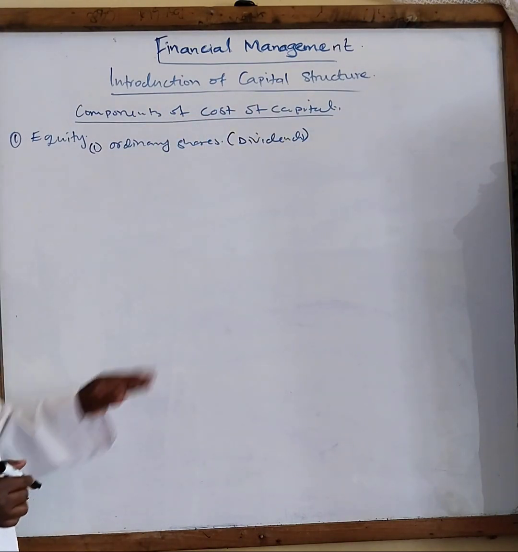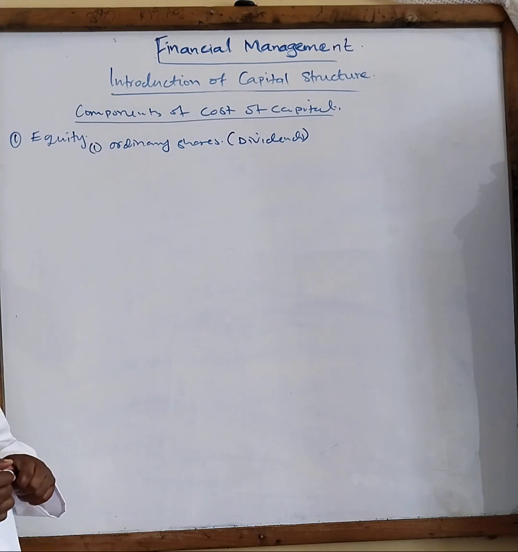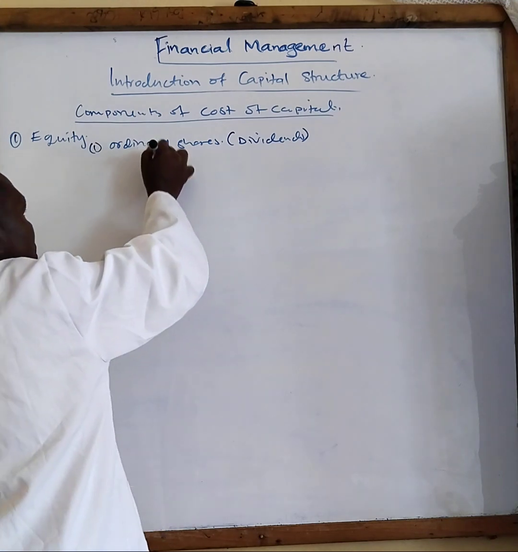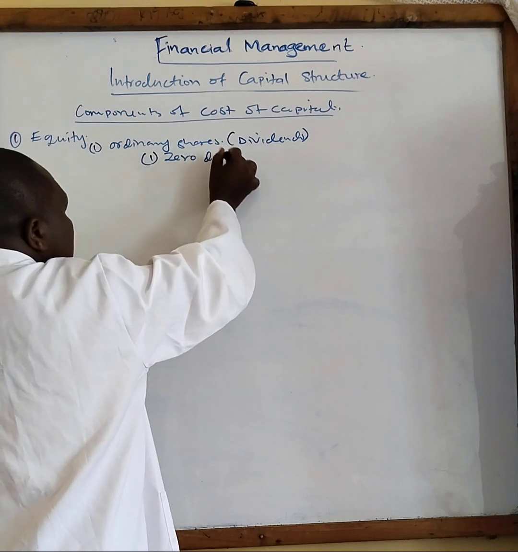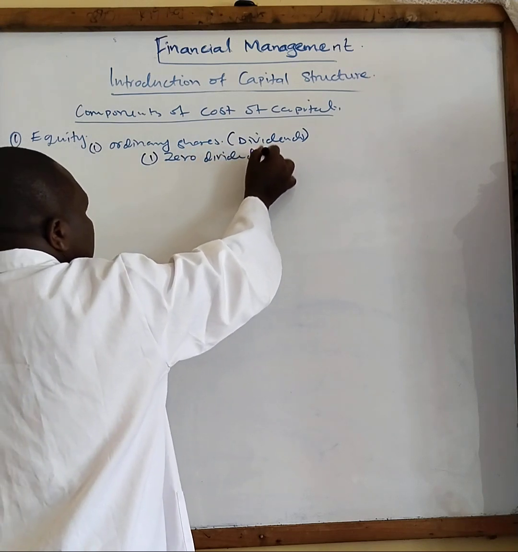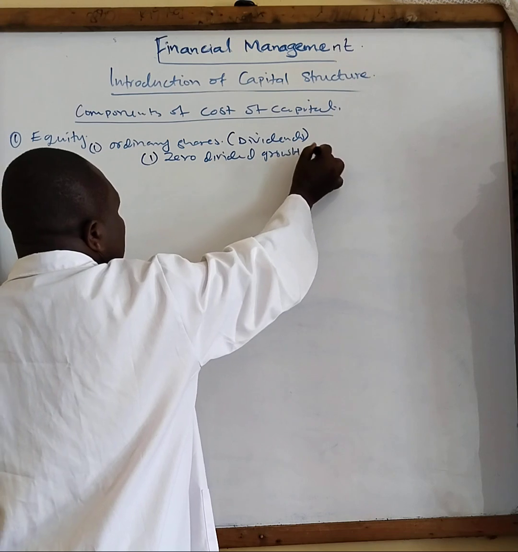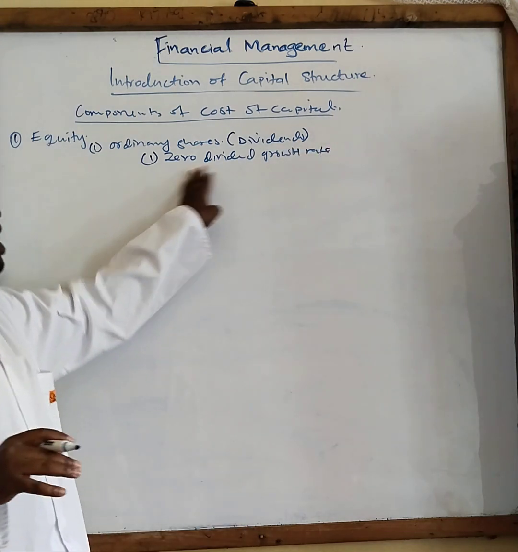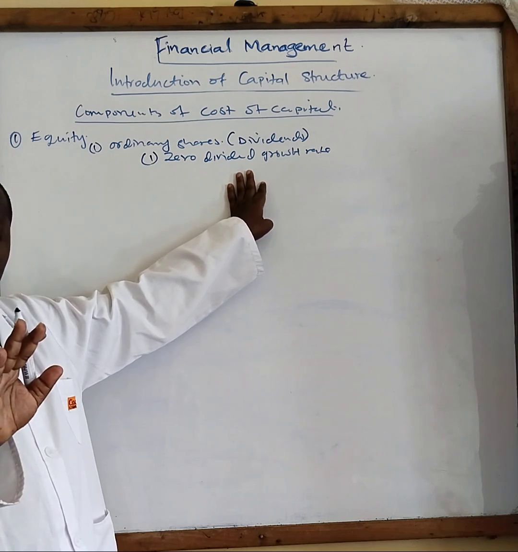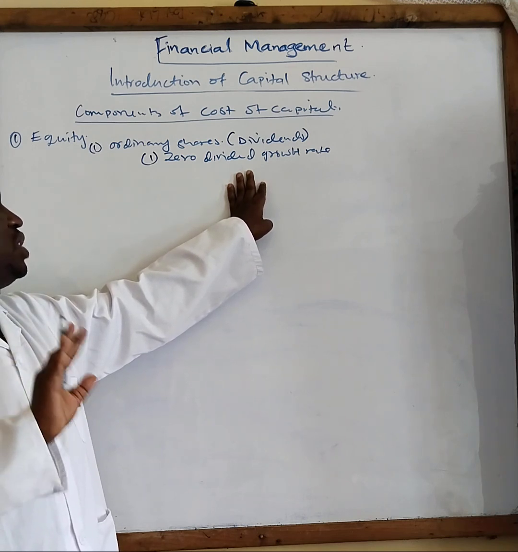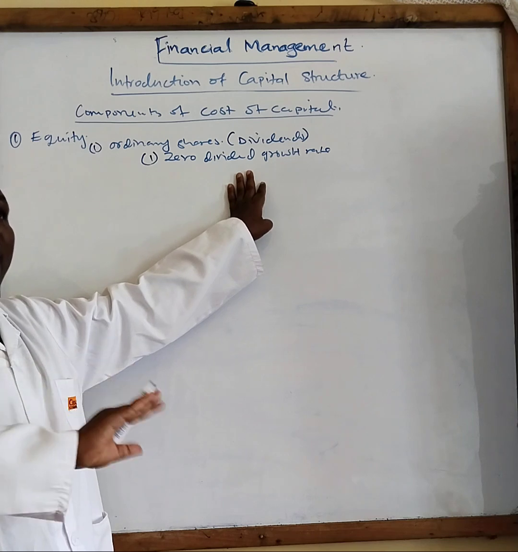Now, in this case, these dividends can be paid where, Roman 1, there is zero dividend growth rate. In this case, we are paying dividends, but the dividends are not growing every year. We have just made the dividend rate constant and fixed.